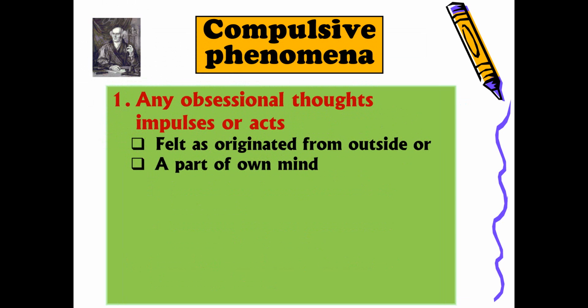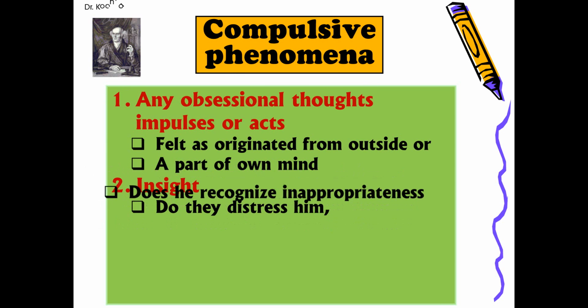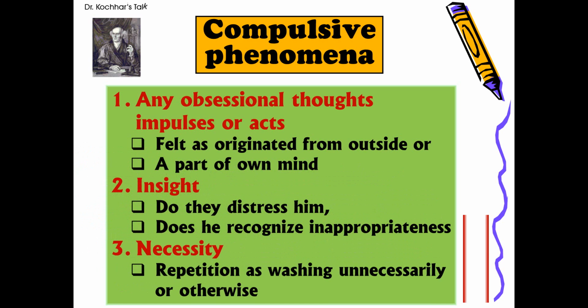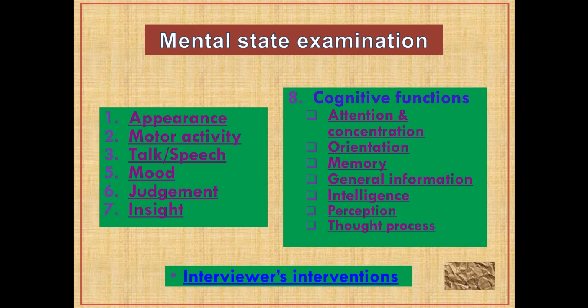Are they felt as originated from outside or a part of his own mind? Then insight. Insight is also related to compulsive phenomena. Do they distress him? Does he recognize inappropriateness of his thought? And finally the necessity, that is, whether repetition such as washing is unnecessary or necessary. So whether insight is there or not, that is to be appreciated.